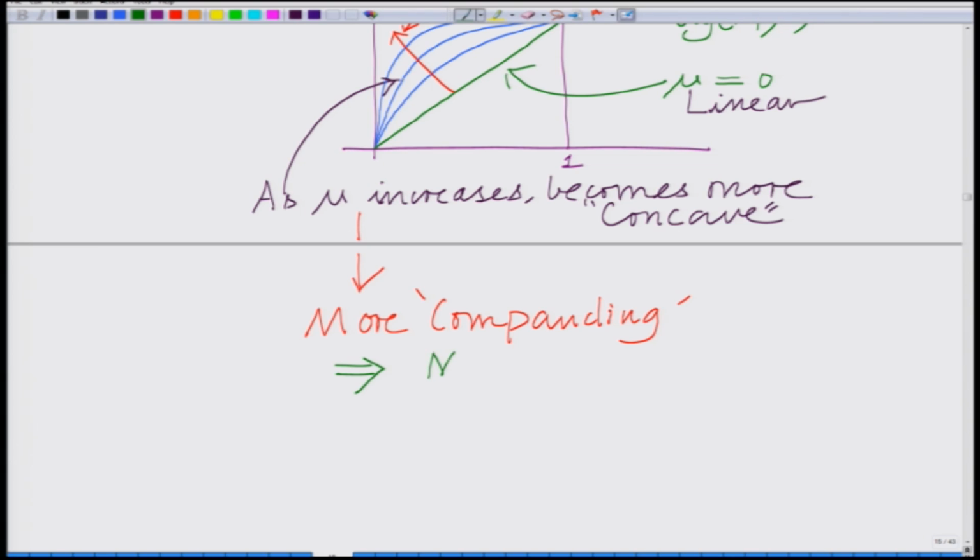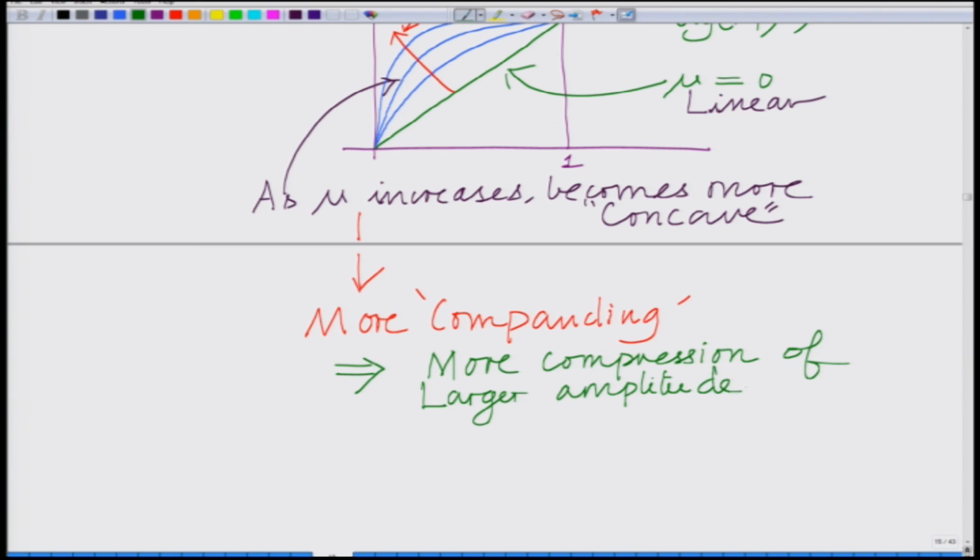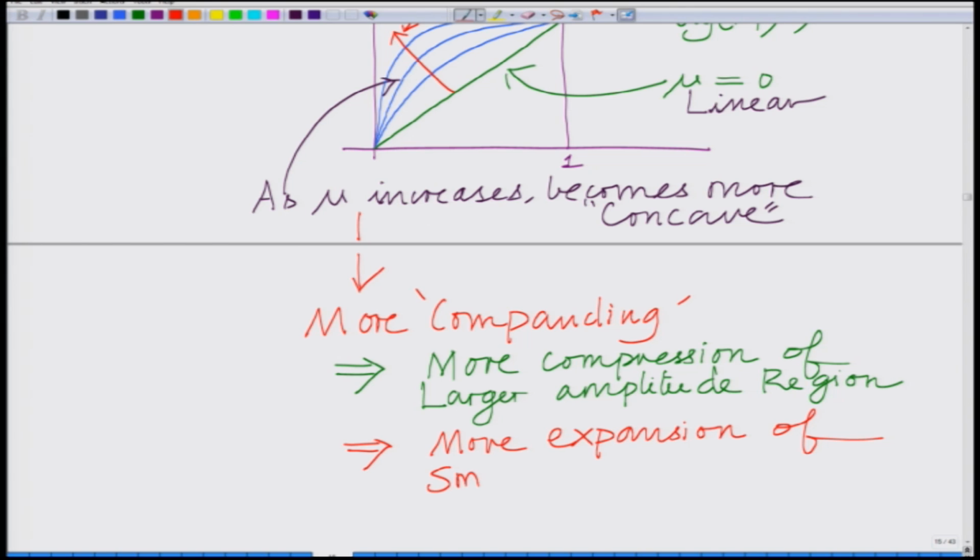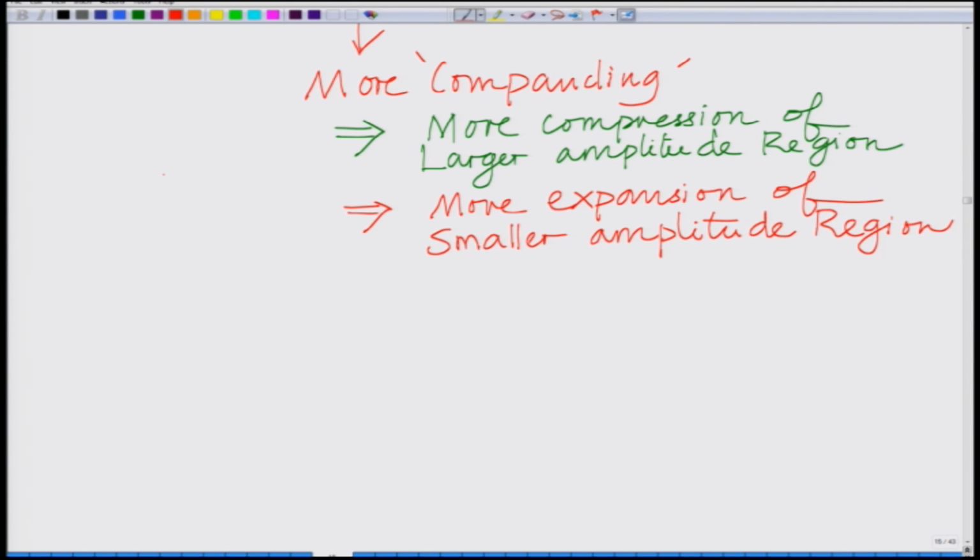This implies more compression of the larger amplitude region, and also more expansion of the smaller amplitude region.